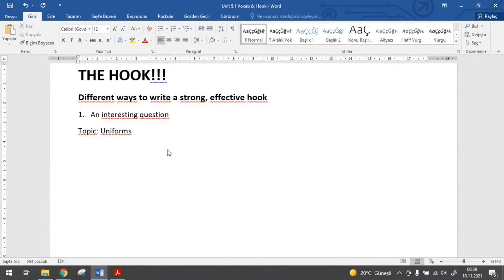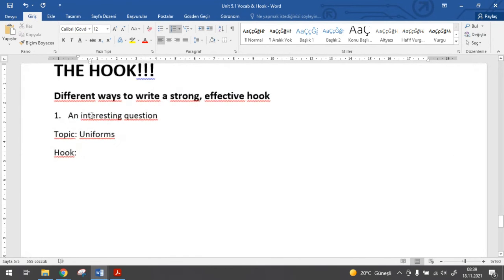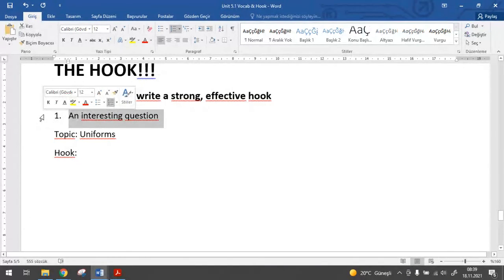You might want to start your introduction with a question, an interesting question. But the problem with a question is, when you ask a question in the hook, you must answer this question at the end. The reader will want to read your essay to find an answer to this question.